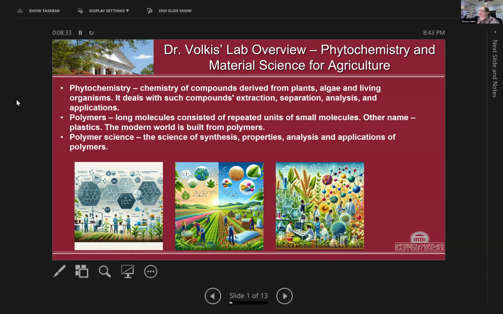I guess you paid attention to one extra thing on this first slide. I took those three definitions of phytochemistry, polymers, and polymer science, and I asked artificial intelligence to try to generate images that bring those definitions together. And what happened when we used AI? Who knows what happens when we ask AI to generate any image related to natural science or STEM disciplines?